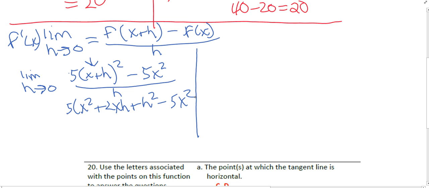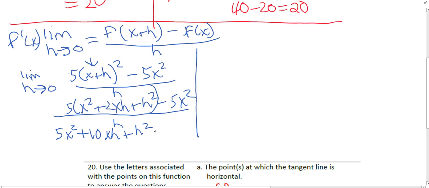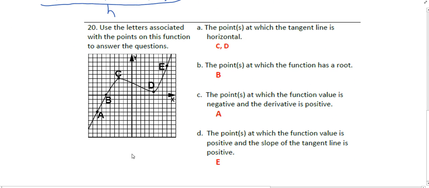Let me go ahead and close my parentheses right there, all over quantity h. So when we distribute that, the numerator becomes 5x squared plus our 10xh plus 5h squared minus 5x squared all over h. Okay, let me slide this part down here.